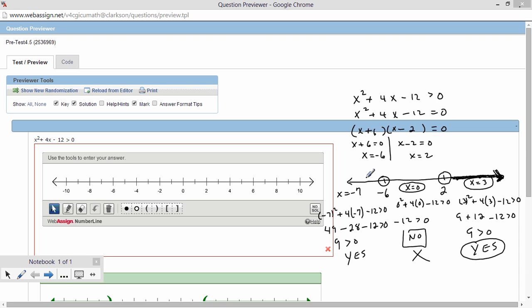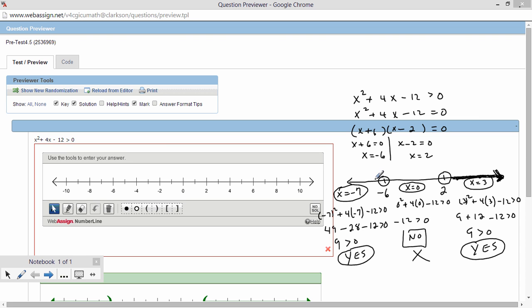All right. And then finally, for the numbers below negative 6, I chose to test negative 7. And you can see here I plugged in minus 7 squared plus 4 times minus 7 minus 12 is greater than 0. Got 49 minus 28 minus 12 is greater than 0. That left-hand side becomes a 9. And so we have 9 is greater than 0. And that is true. That's a yes.